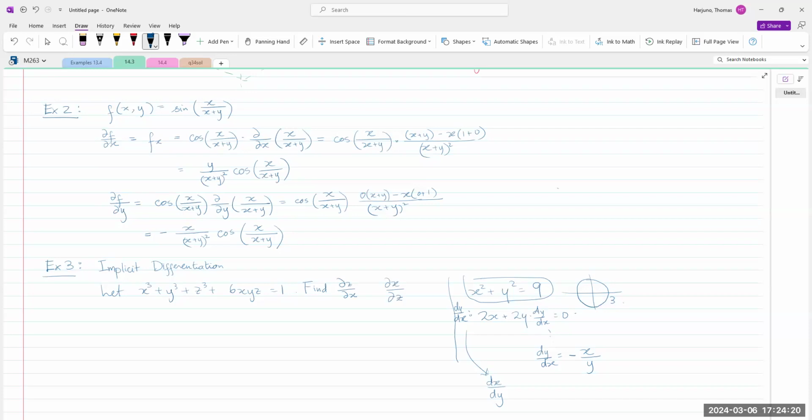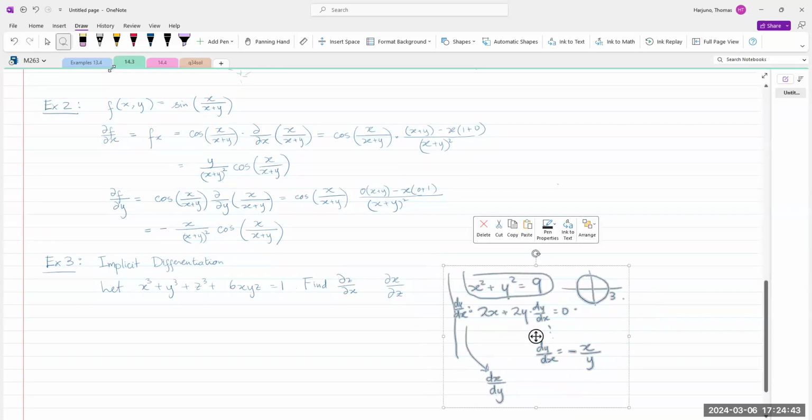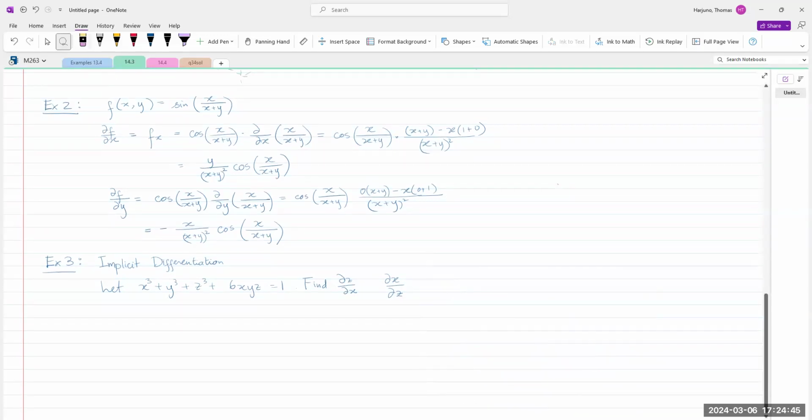We just know that z is influenced by x, right? But x is also influenced by z. They actually influence each other. The change of x may change the z. The change of z may change the x. But for now, let's do dou z dou x first.